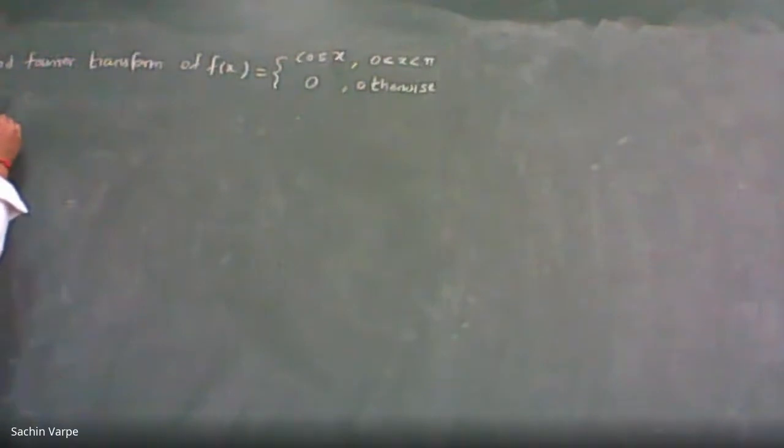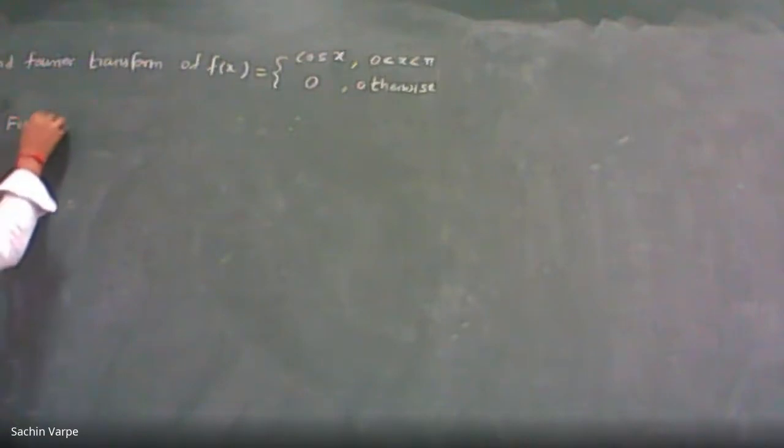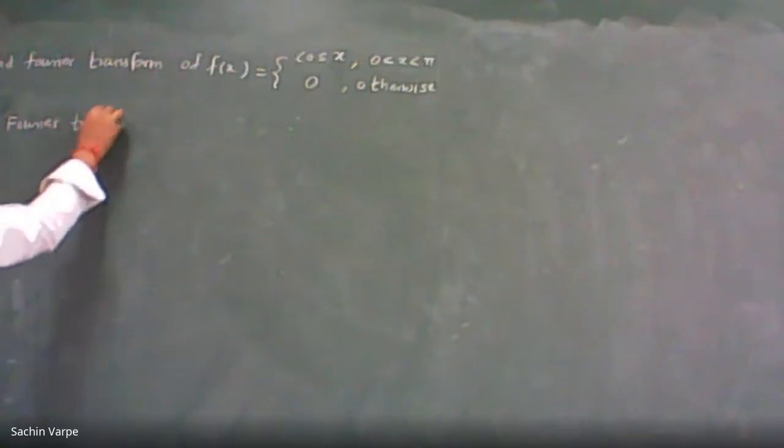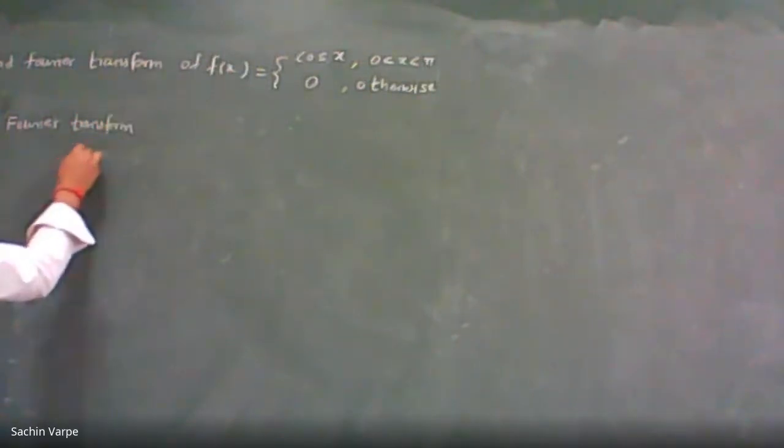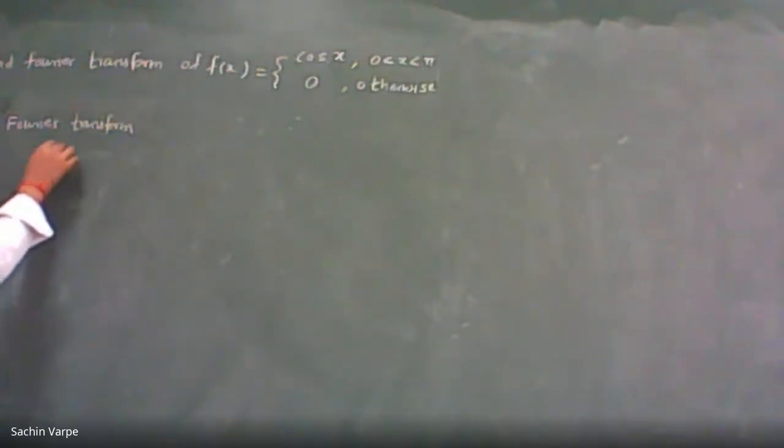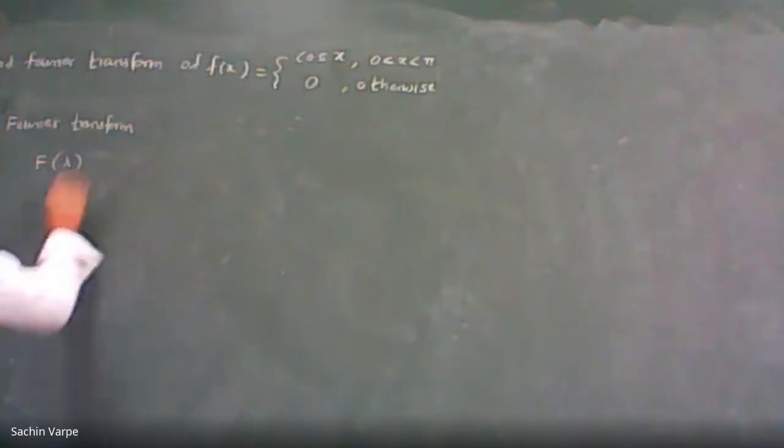What is the main interval we are having? First of all, let me write the formula of Fourier transform. What is the formula? You people are not replying actually. Not giving a proper response when I'm asking the questions.